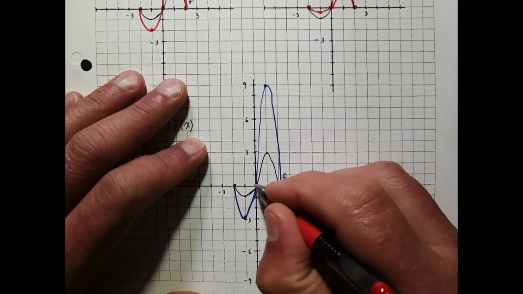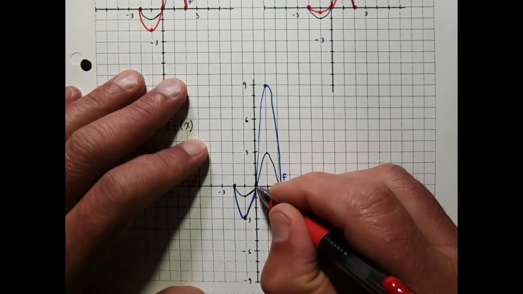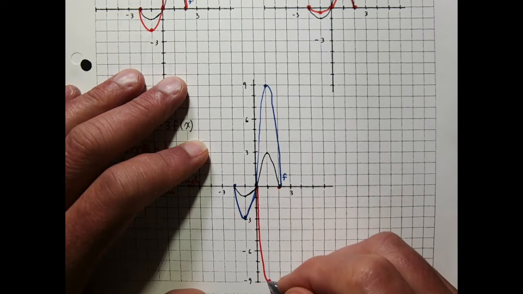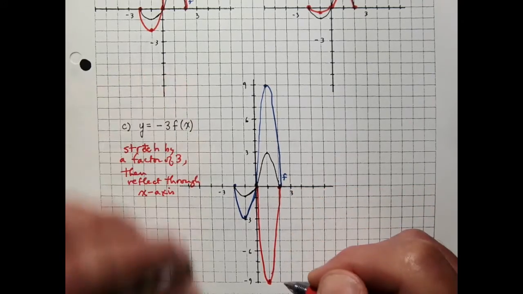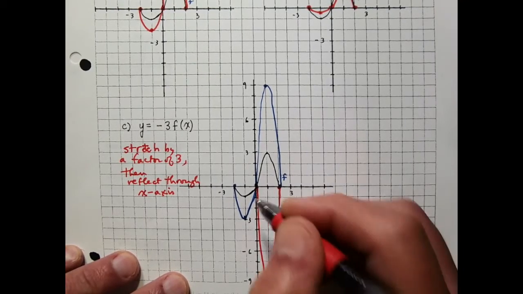And so the zeros are all going to stay put in the reflection also. So notice those x-intercept points for this whole transformation don't move. But when I now reflect, I go all the way down 9 units below. So I have this point 1, -9 on the graph.